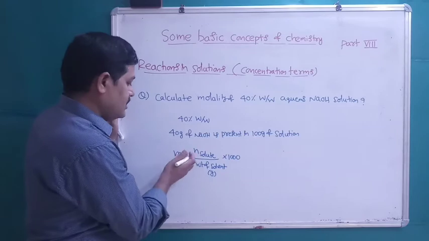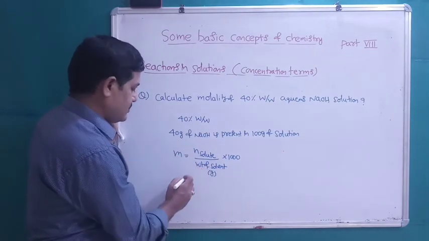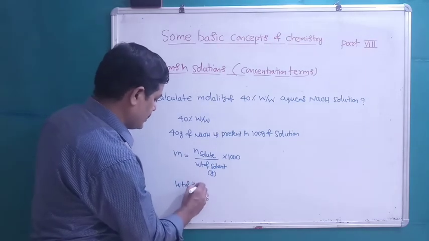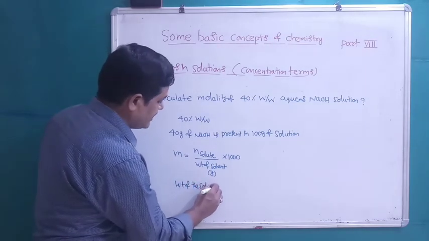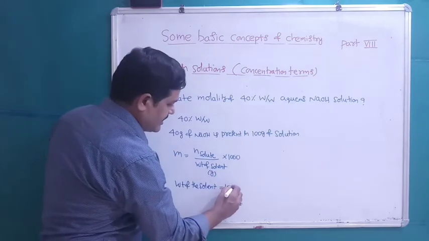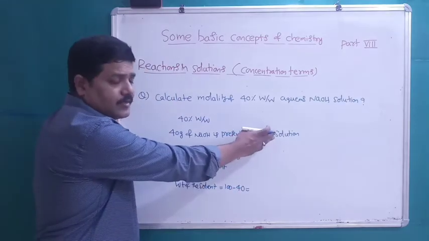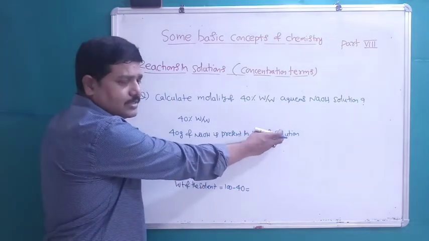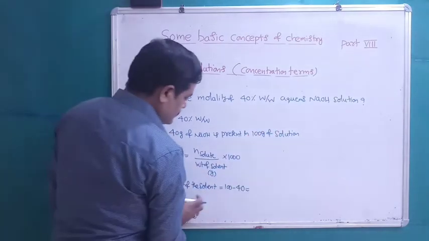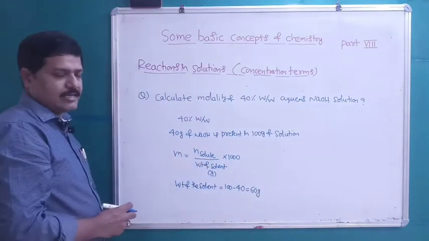Then in the molality formula, we want the weight of the solvent. So weight of the solvent in grams is weight of the solution minus weight of the solute, that is 100 minus 40, so the weight of the solvent is 60 grams.